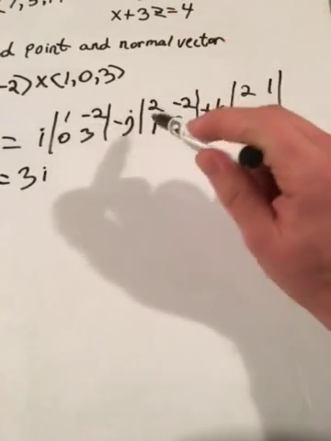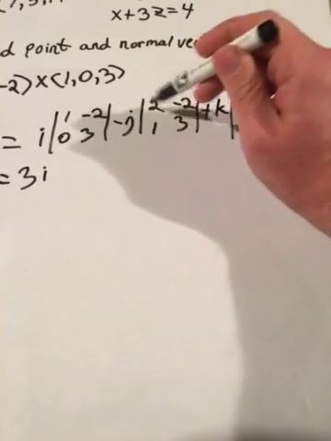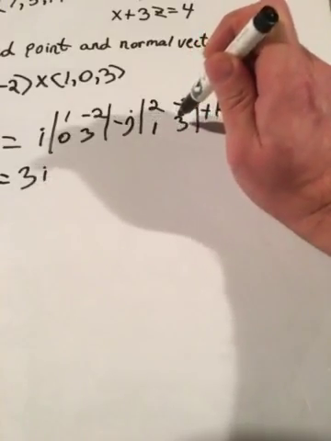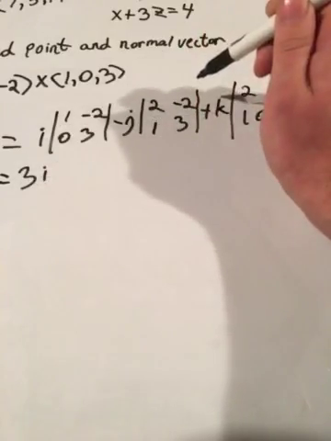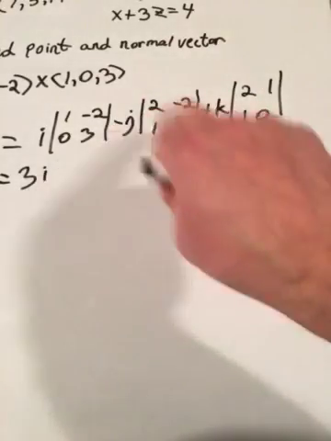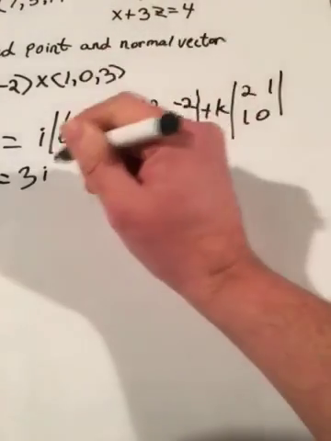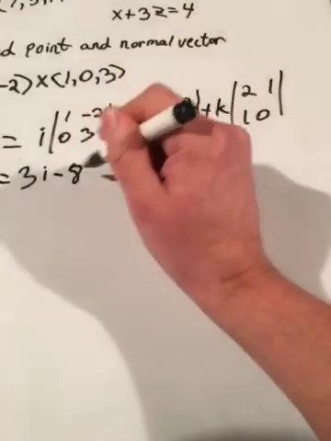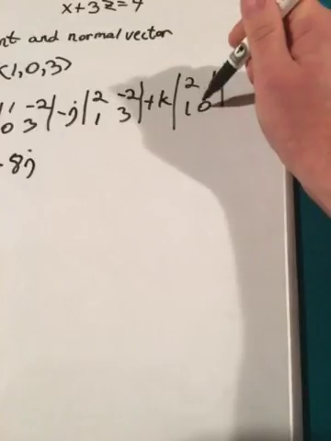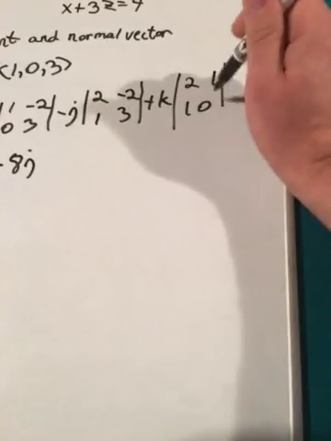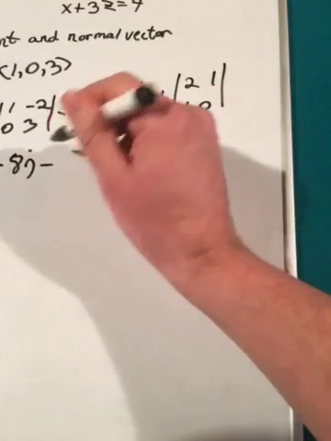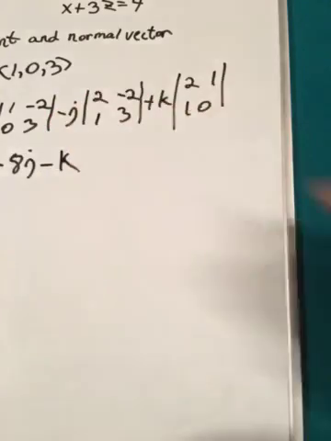But then it's 6 minus a negative 2, or 6 plus 2, which is 8. But then it's minus j, so it's minus 8j. And then plus k: it's 2 times 0, 0 minus 1 times 1, so 0 minus 1, minus 1. So it's plus a negative 1, or just minus k.